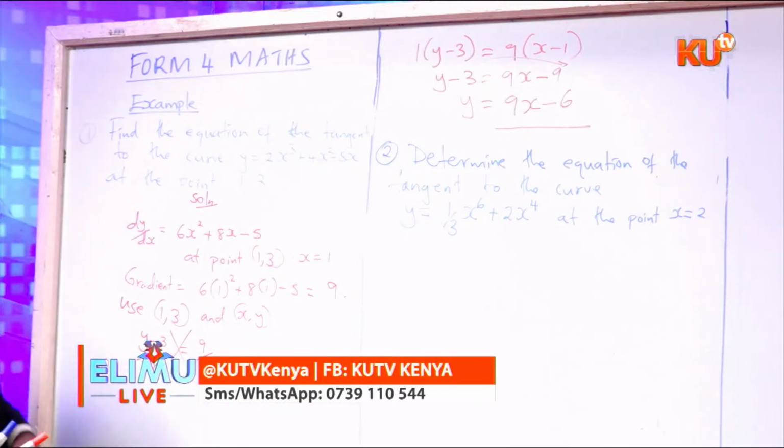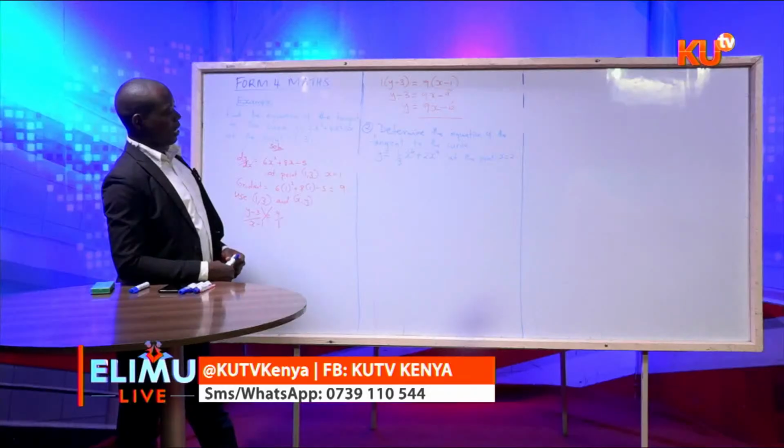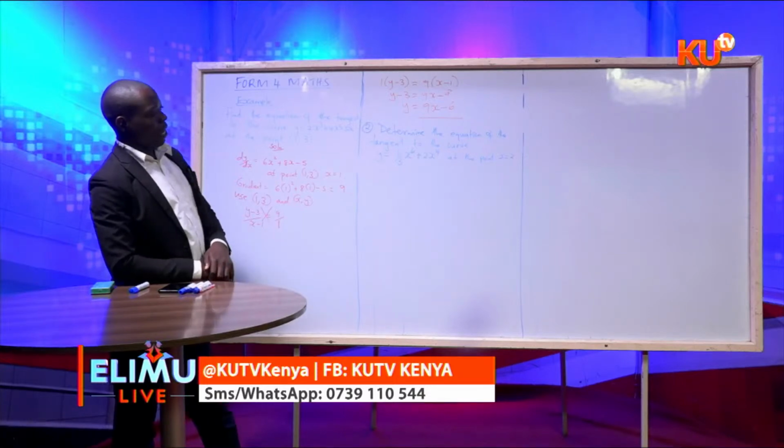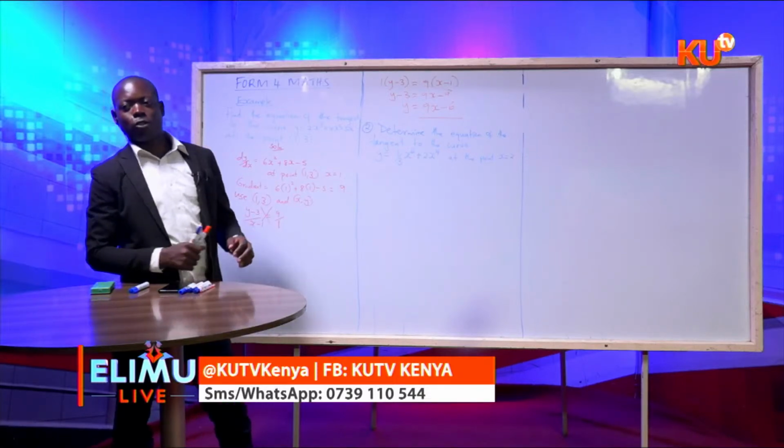We are determining the equation of the tangent to the curve y equals 1 over 3x power 6 plus 2x power 4 at the point x equal to 2.